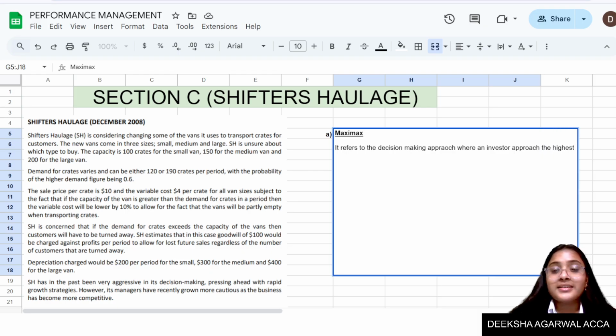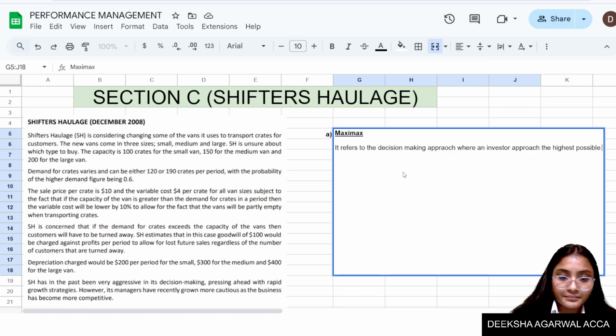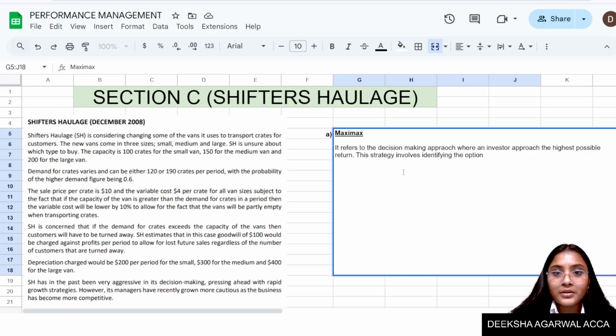If you remember, under this scenario I told you they look at the best case scenario, what can be the highest return they can earn, the highest possible return. This strategy involves identifying the option with the best potential outcome.